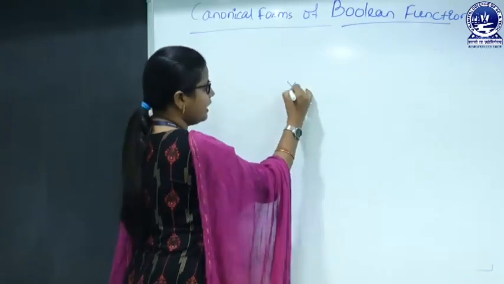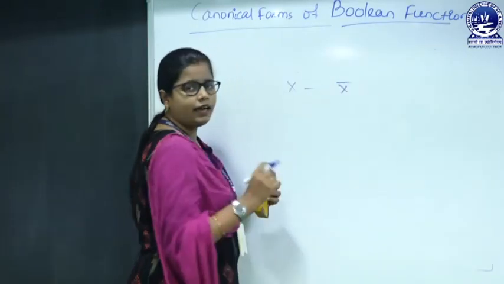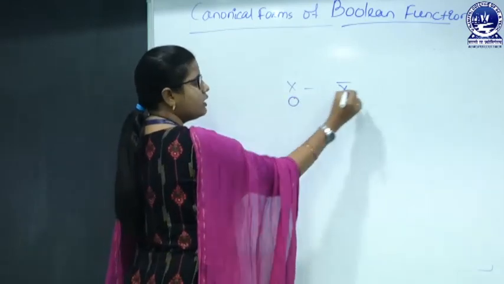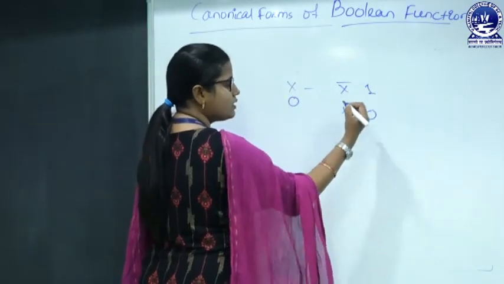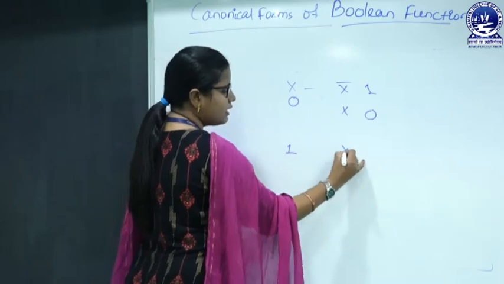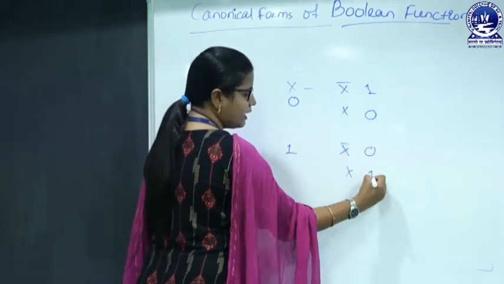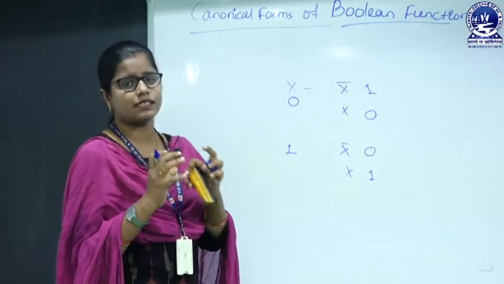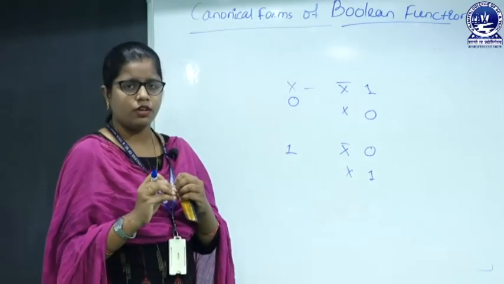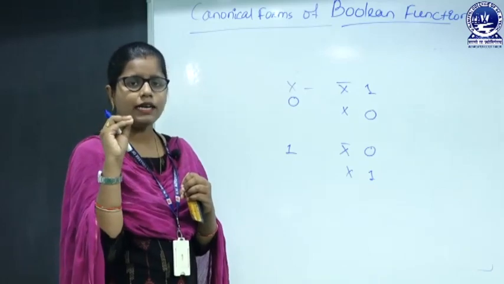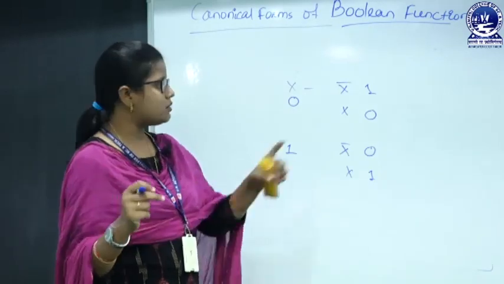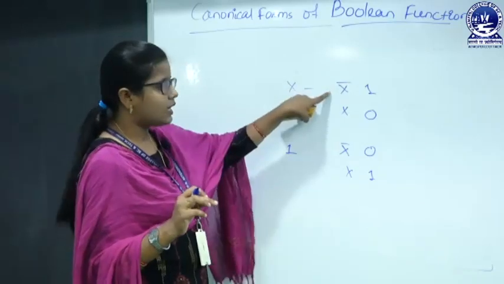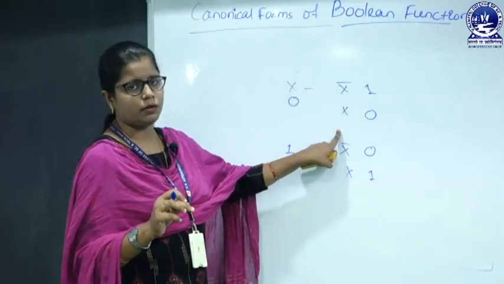If I take x, then I can write x complement or x. If x is 0, then x complement will be 1 and x will be 0. If x is 1, then x complement will be 0 and x will be 1. This is the basic thing we should know. The variable can only take one of two forms, x complement or x. This is the complement form, this is the normal form.